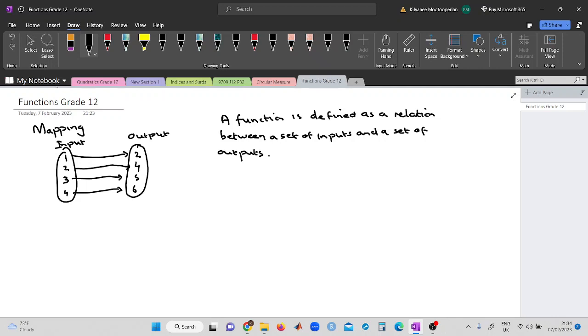Donc là, par exemple, pour connecter input and output, avec différentes façons, nous allons écrire a function.